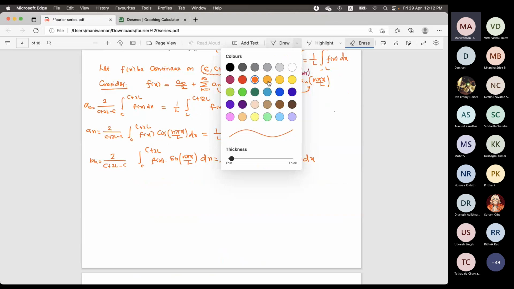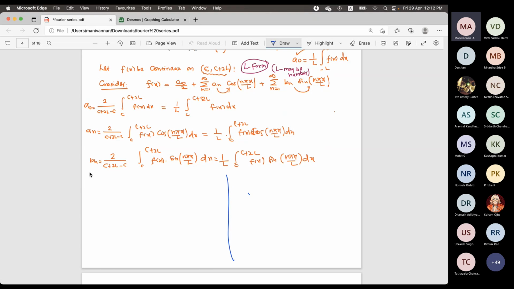With this, I am going to derive two sets of formulas. From equation number 1, let c equal to 0.